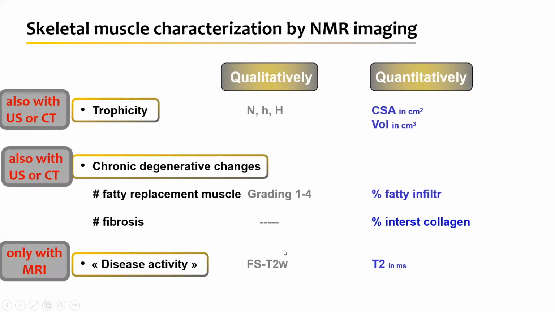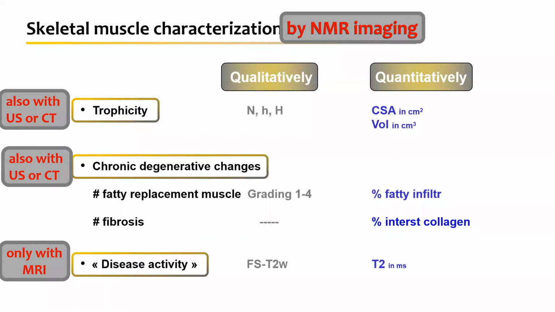Now, MR imaging is the preferred technique for muscle investigation. Why is it so? It's due to the quality of the images that are produced, the 3D versatility, the non-invasiveness of the technique.